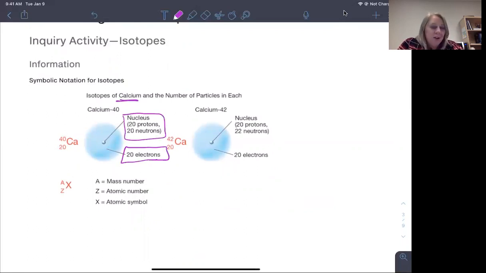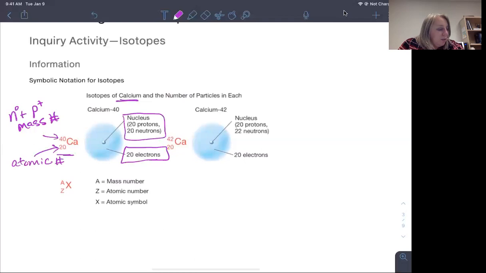We have 20 electrons. So if we write that, we write our mass number on top, which is our neutrons plus protons, right? And then we have our atomic number here, which is our number of protons and also our number of electrons, right?